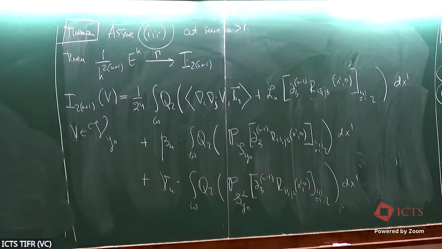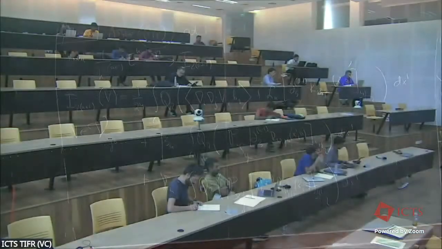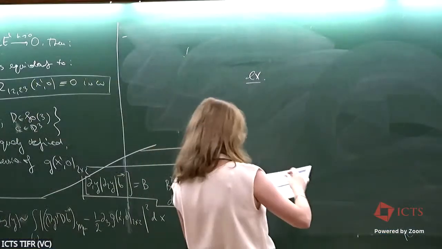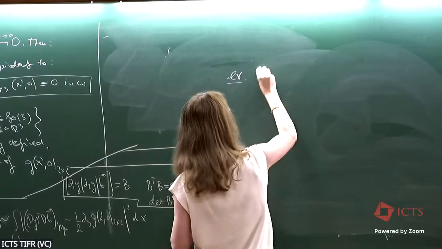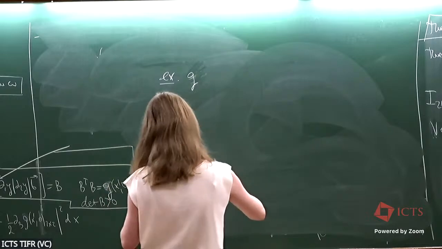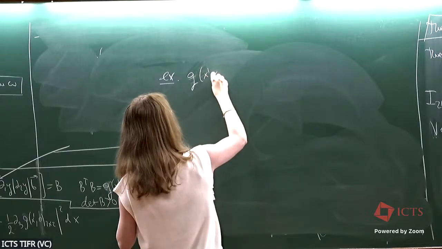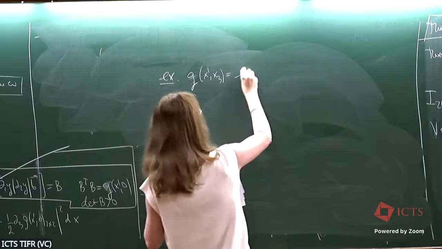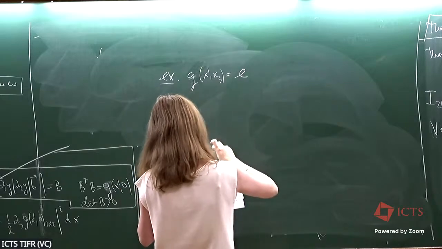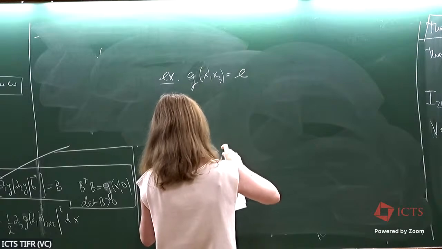You may ask yourself whether all those powers of H are viable. So indeed they are, because for example, if you take G of x prime, x3 equals exponential, and so let's see, so what do I want?